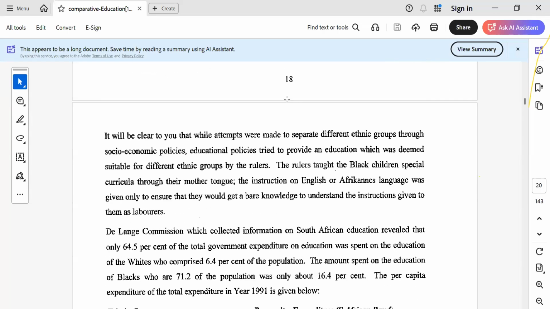So it will be clear to you that attempts were made to separate different ethnic groups through socio-economic policies. Educational policies tried to provide an education deemed suitable for different ethnic groups by the rulers. So according to that, different ethnic groups are given different education.